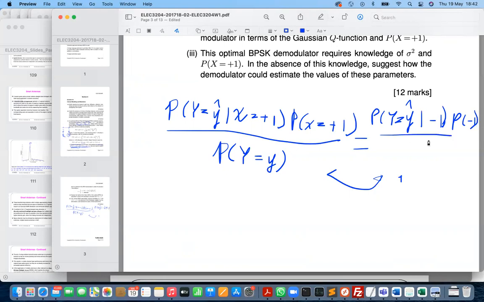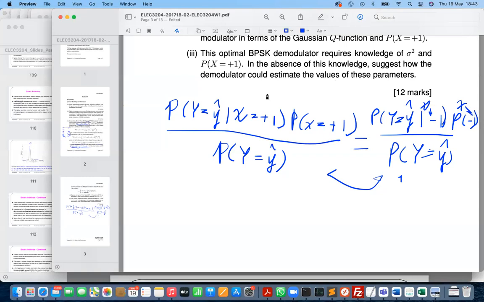And then the normalization factor is the same. This is Bayes' law. Okay. It's really difficult to write on here. So here, this is X equals -1, and X equals -1. Okay.